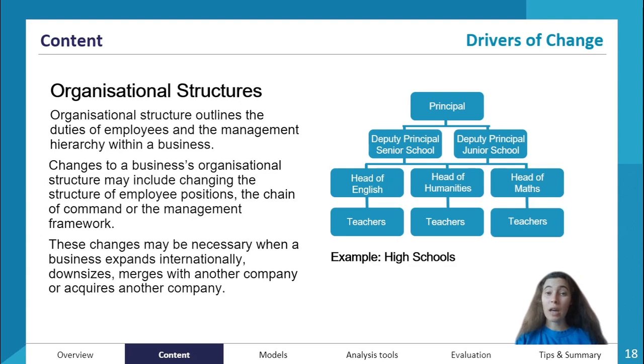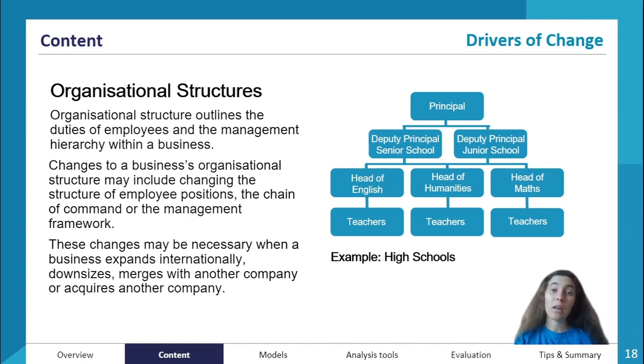So often we're going to have a principal at the top, and then we'll have deputy principals. Sometimes you may have many deputy principals who are in charge of different areas. Sometimes you may only have one or two. So in this example here, we've got a senior school deputy and a junior school deputy. That might be one way that a school is arranged in terms of structure.